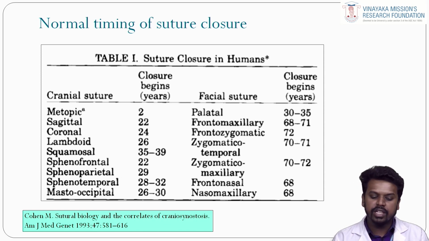The closure begins in years. The metopic, sagittal, coronal, lambdoid and squamosal, spinofrontal, spinoparietal, spinotemporal and masto-occipital. These are the important suture timings, that is the closure of the sutures, in a very specific tabular column.